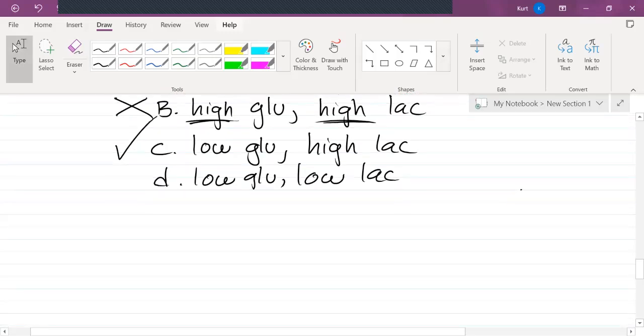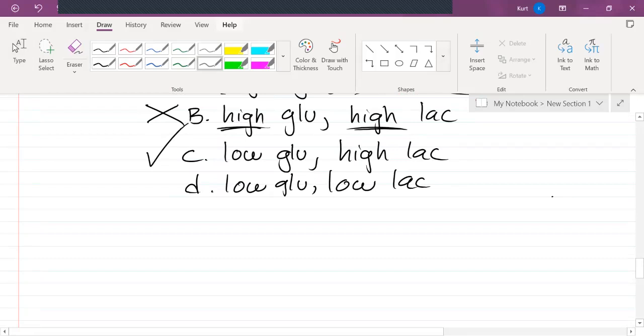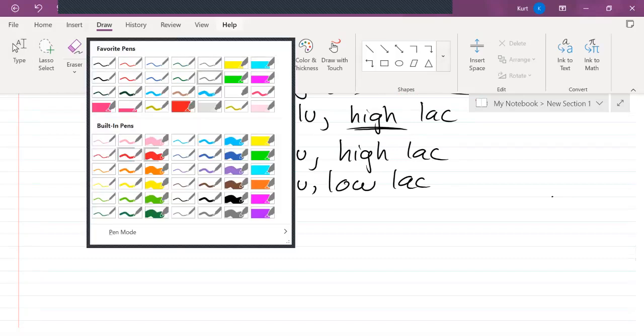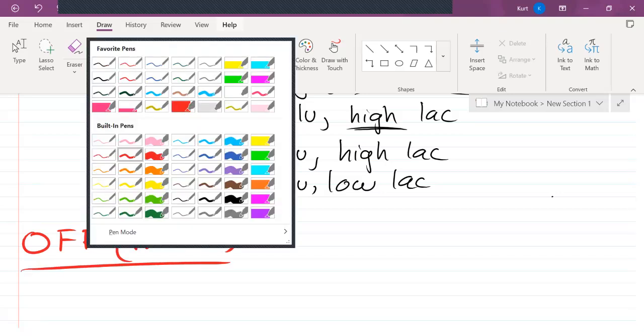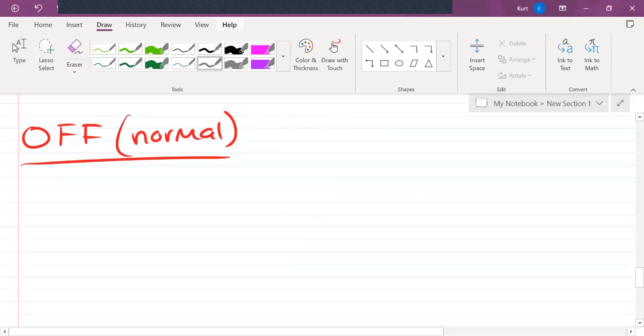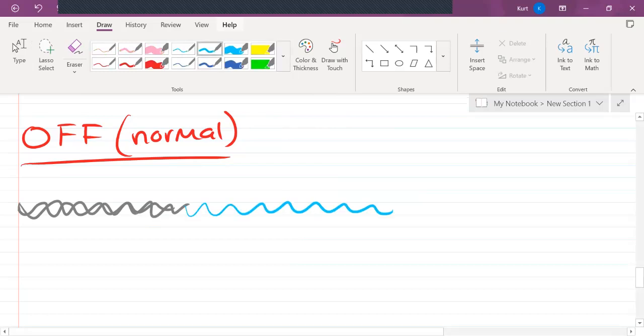Okay, so let's draw this out. Normally, the lac Operon is in the off position. This is normal. Here we go. Regulator. Remember, guys, all these squigglies are DNA.